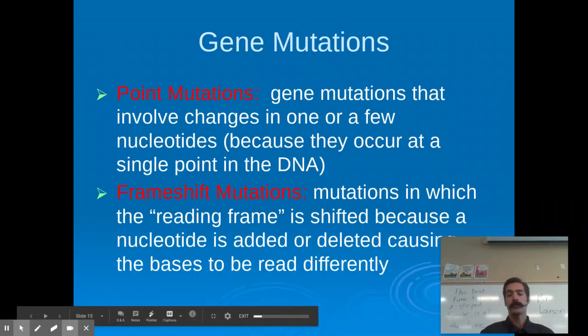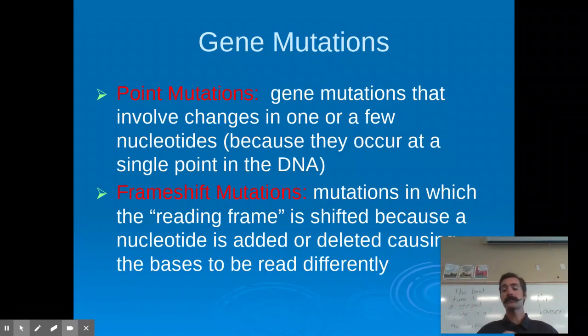So we've now gone through basically what DNA replication is, how it's replicated. We went through transcription and how a DNA molecule becomes a messenger RNA. And then we went through the process of translation, where that messenger RNA eventually becomes a polypeptide strand and eventually a protein.